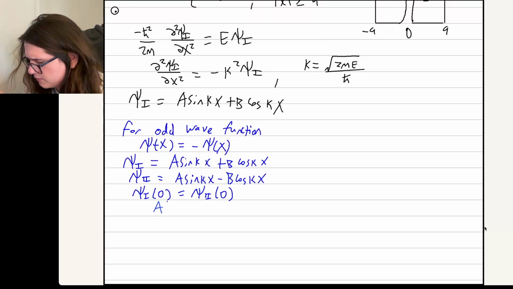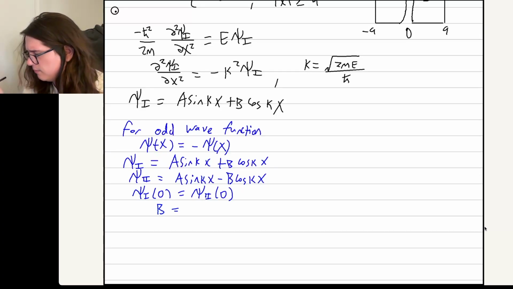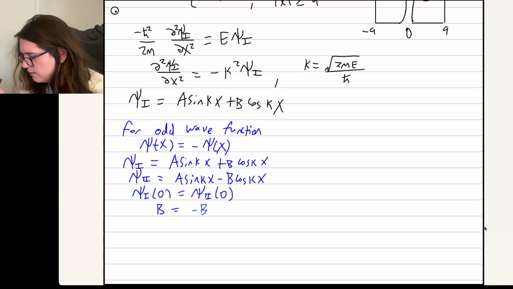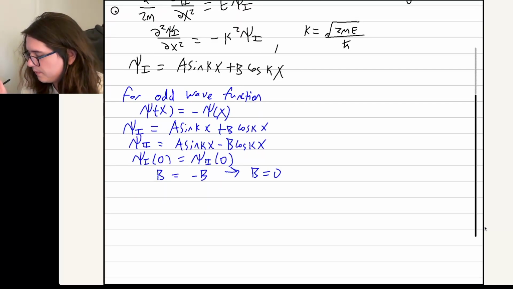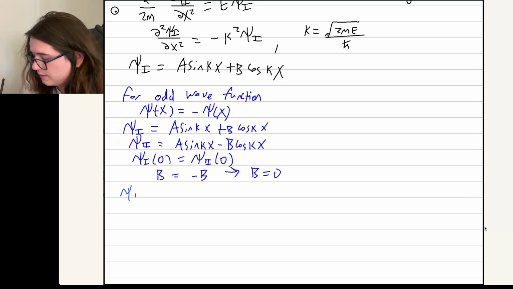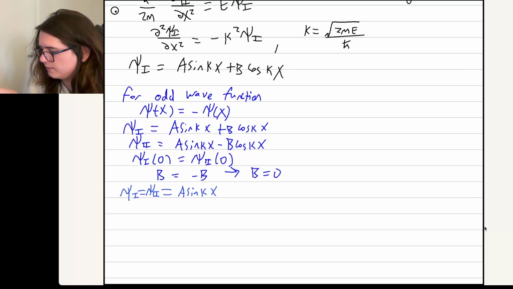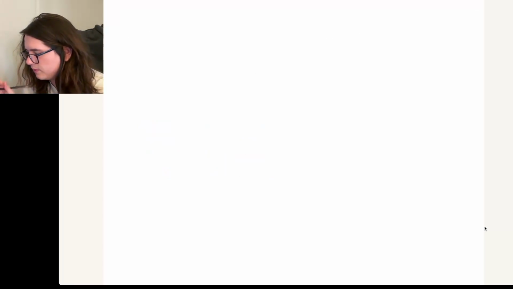This just gives us b on the left side and minus b on the right side, and that's going to tell you that b equals 0. So in fact, both psi 1 and psi 2 look like a sine kx.